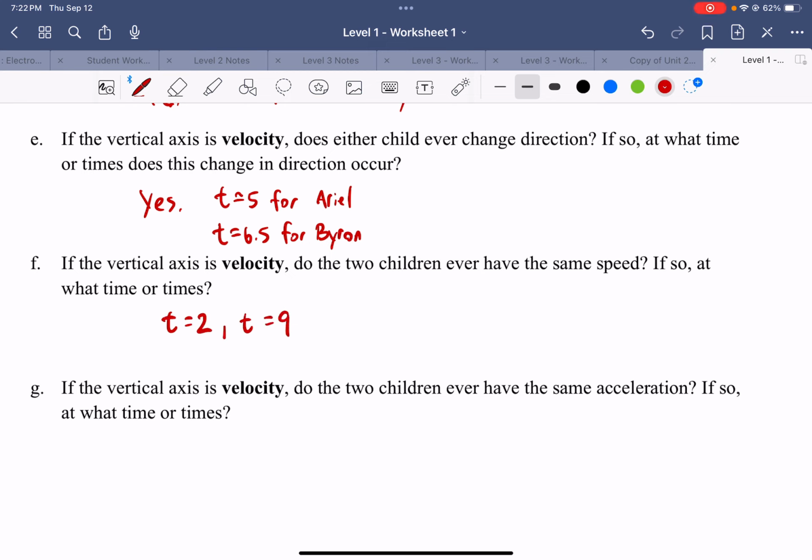Now it turns out there's actually potentially another answer here. So the question asks if the two children ever have the same speed, not velocity. Speed is velocity without regard for direction, so it is possible that the two children might at some point have the same speed, but be moving in opposite directions, one positive and one negative.